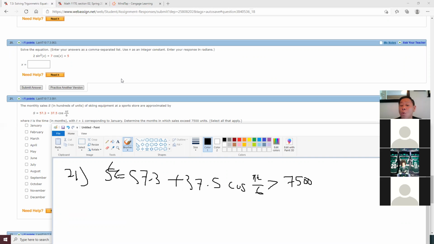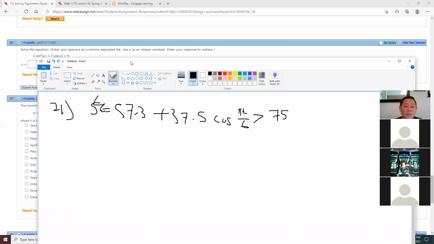That will be wrong. Why it's wrong is because S is in terms of hundreds of units. So what can we do here? Divide by 100, which gives you 7.5. 75. Oh, yeah, never mind. Yep. So this is the equation you have to solve.